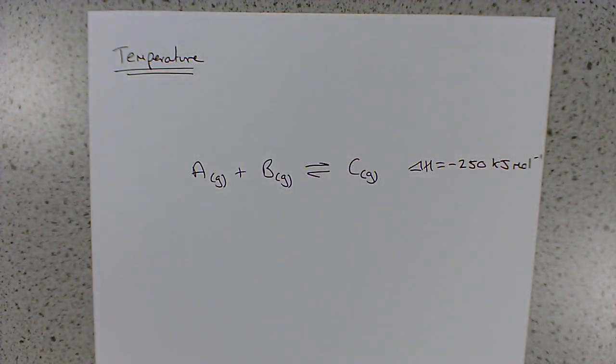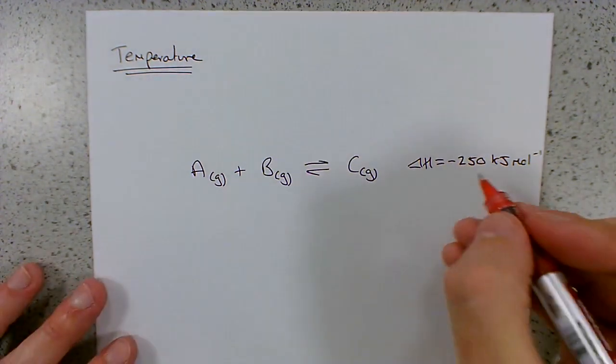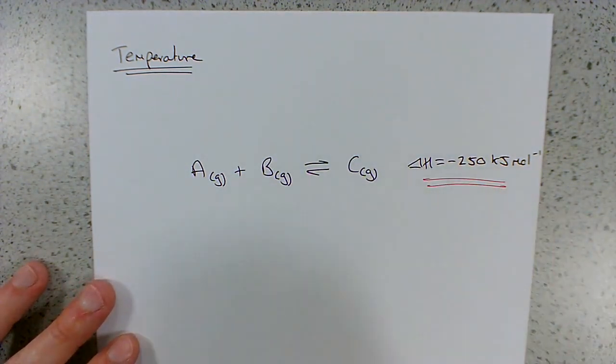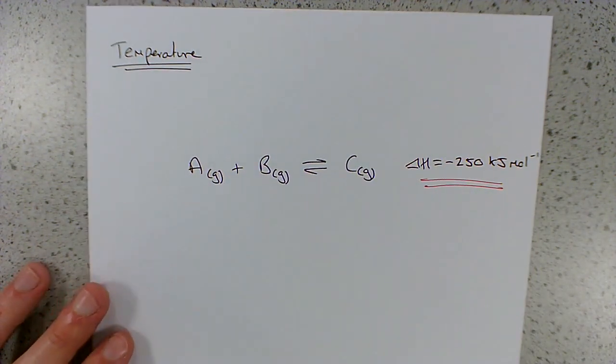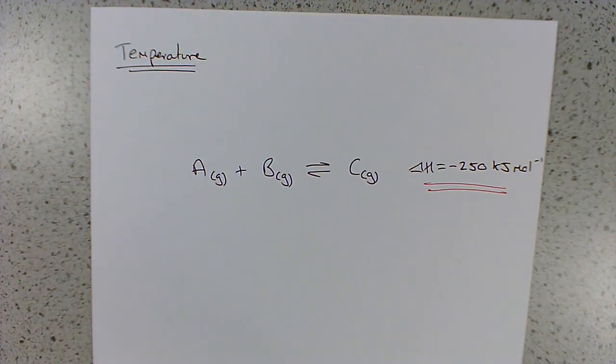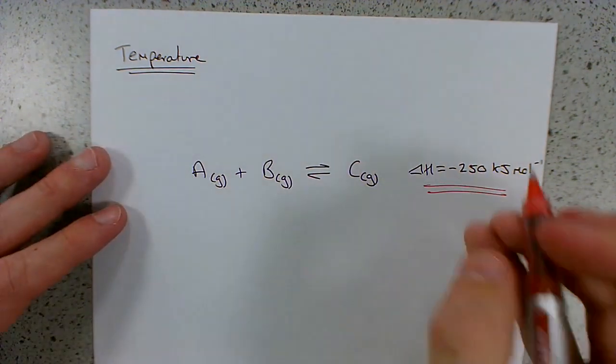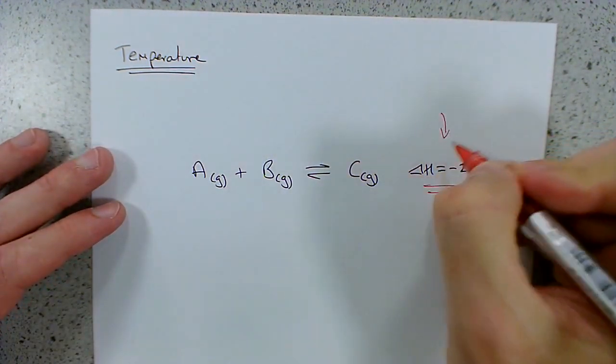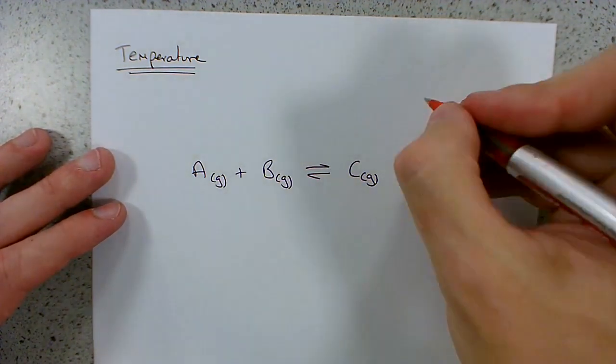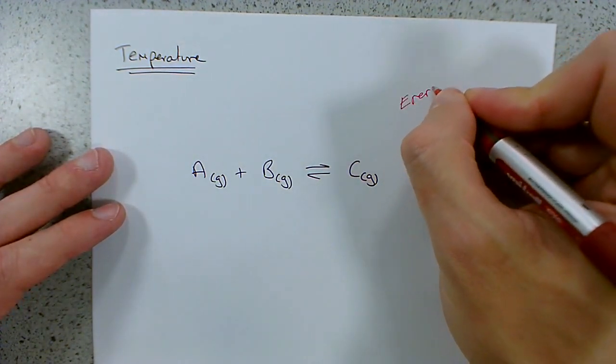When looking at the effect of temperature on a dynamic equilibrium system, this is when the energy change is important. You need to know the energy change in order to predict the effect of temperature on a dynamic equilibrium. So, firstly, we should know that whatever energy change or enthalpy change they give you is always for the forwards reaction.